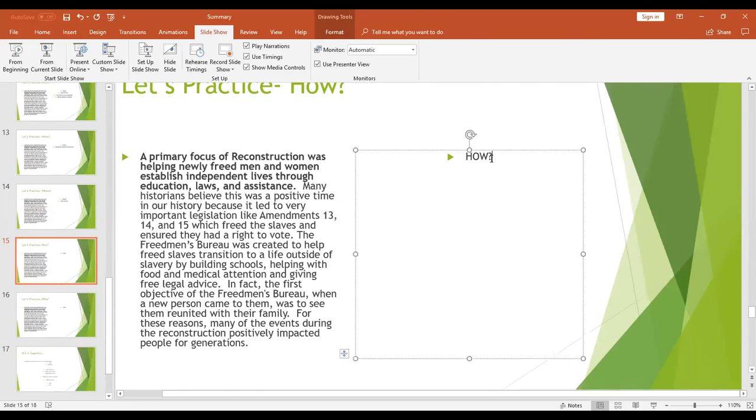helping the slaves? Anybody have a how? Karen Cruz says, does that say speech?